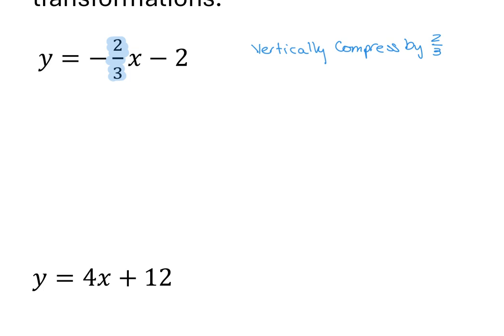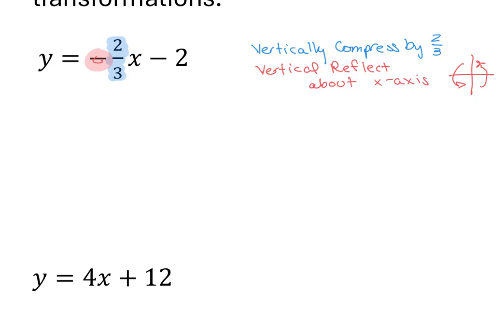We have our negative on the outside. And so we can think about this as a vertical reflection, and we can say about the x-axis. Remember, if it's vertical, we're going top goes to bottom, bottom goes to top.